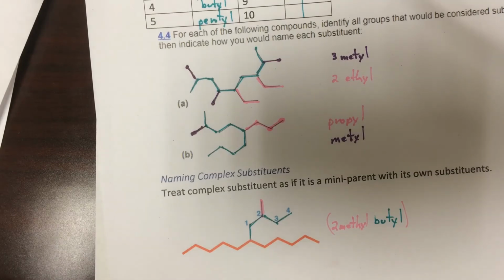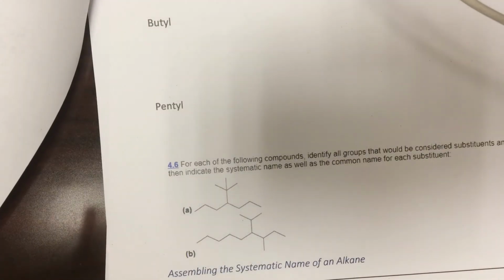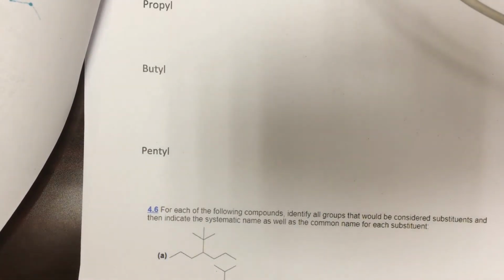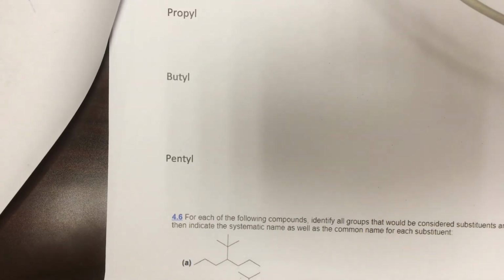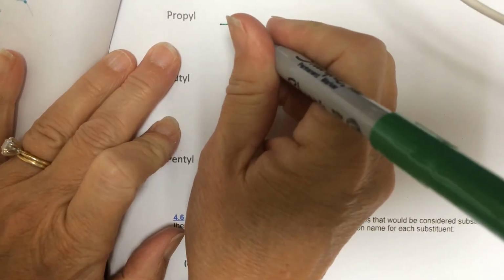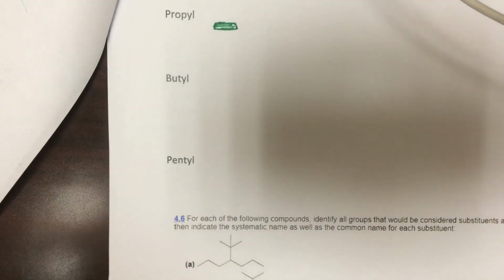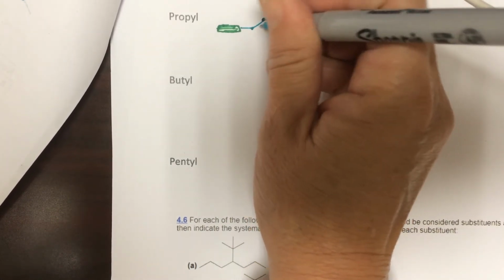There are some common names for these branches, and they're worthwhile memorizing because you will be using them quite a bit. So the common names, if you have a propyl, you can have 2 different forms of it. If this is the parent, we'll do that in green. Your propyl group can come off just as a chain, 1, 2, 3 carbons.